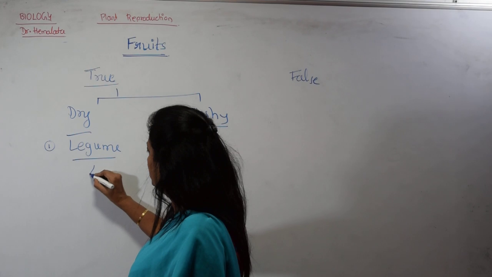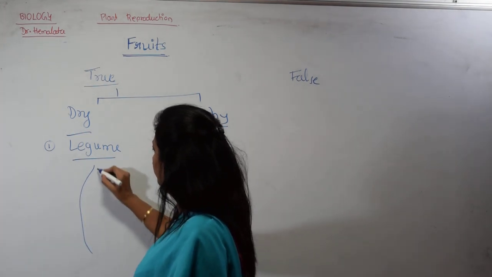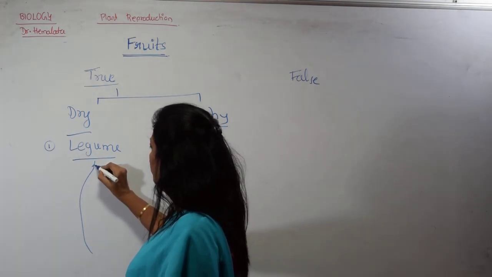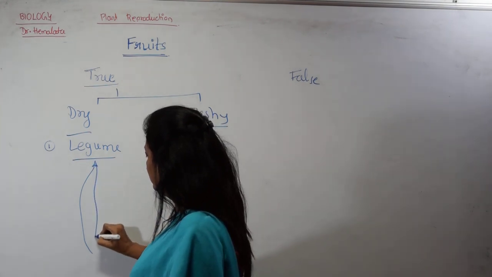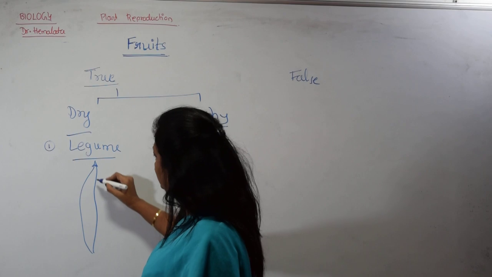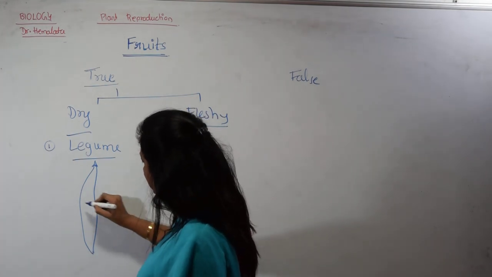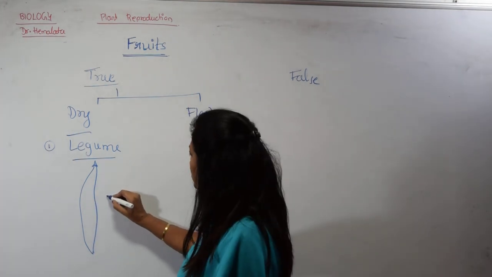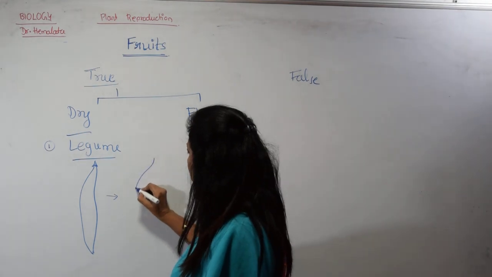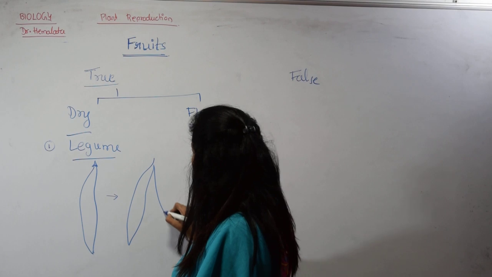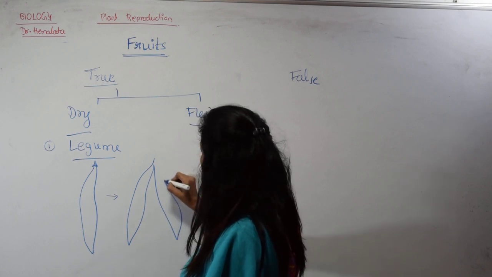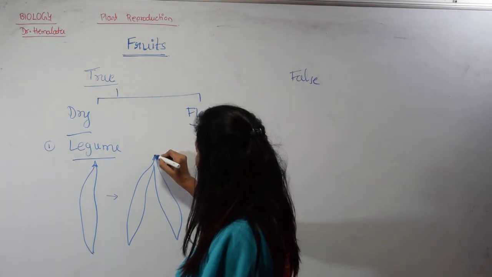So whenever you observe the leguminous fruit, maybe a pea fruit you are observing, it will be somewhat like this, right? Like this. And we have openings from both sides. This side it opens, and when it opens, you can see the pericarp, mesocarp, endocarp, all of these.